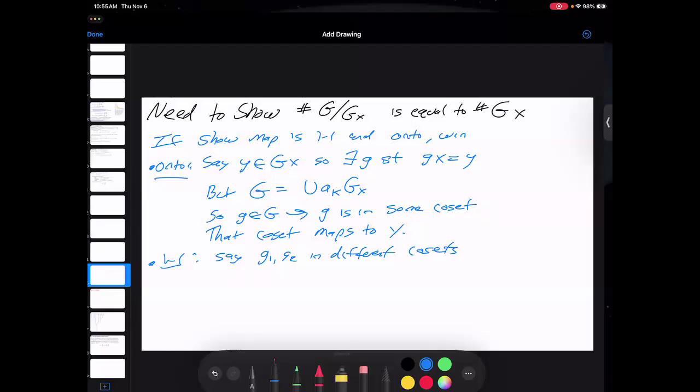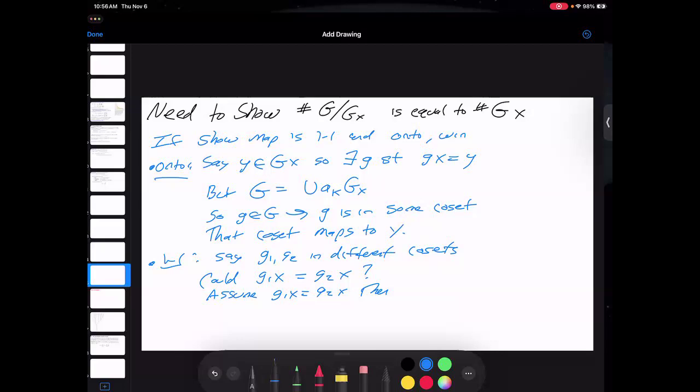So could G1x equal G2x? If yes, then it's not going to be one-to-one. So assume that happens. Assume G1x equals G2x. Then what must be true? We want to prove that. And they don't have to actually be equal to each other.